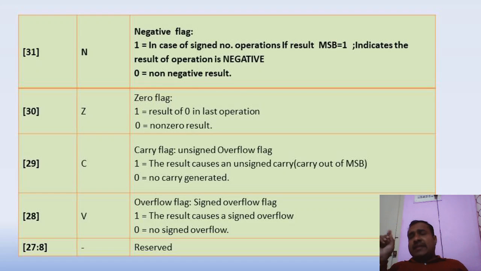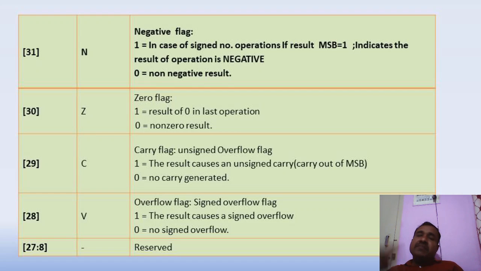This flag is set to 1 when the result of unsigned addition generates a carry. Whenever the addition operation causes a carry, this flag is set to 1, and this is for unsigned operations.